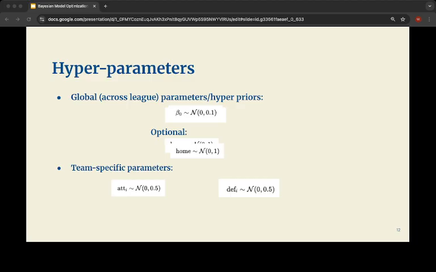These priors do not necessarily prevent extreme values, and everything is centered at 0.